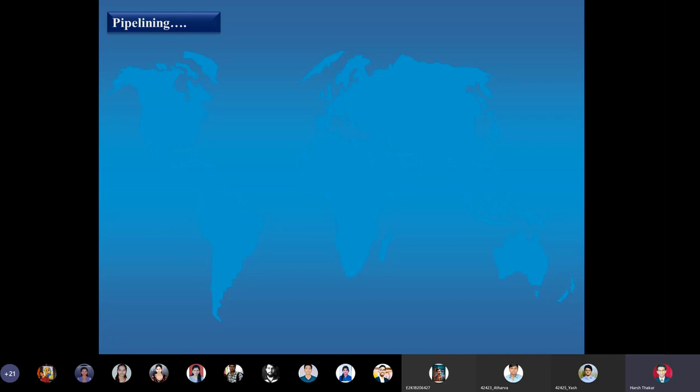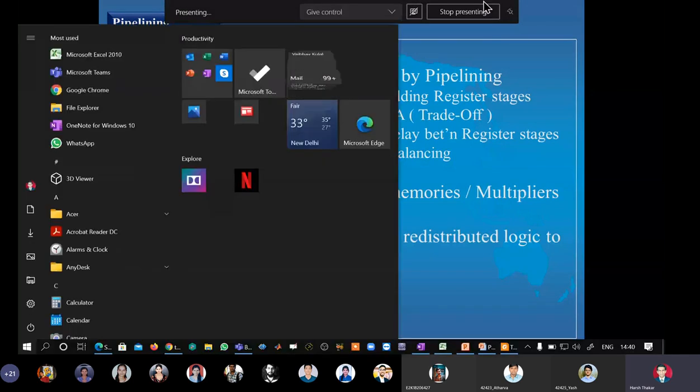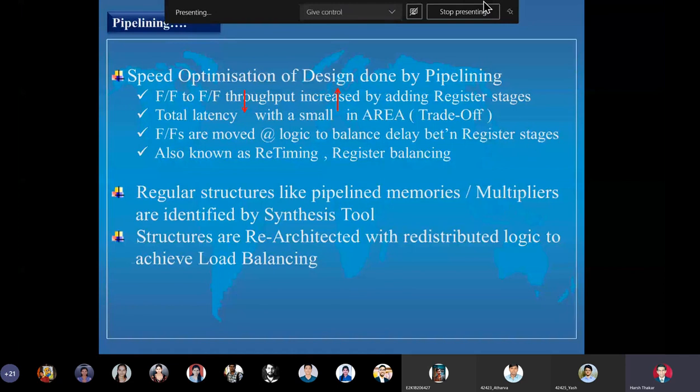So basically this concept of cache memory is nothing but a very efficient implementation of the concept of pipelining. Cache memory is an efficient way of realizing the concept of pipelining. Okay, fine.